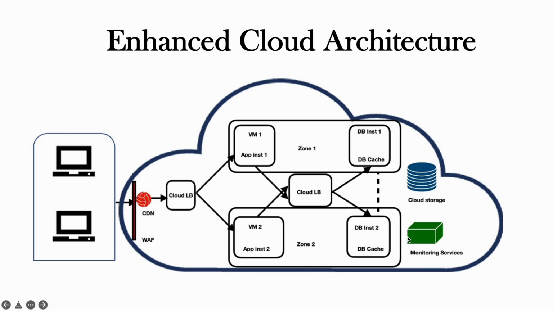IBM has an AI-infused monitoring tool called Cloud Pak for Watson AIOps. It reads all the logs from your different cloud instances, analyzes them, and predicts what is going to happen based on the information available in the logs.